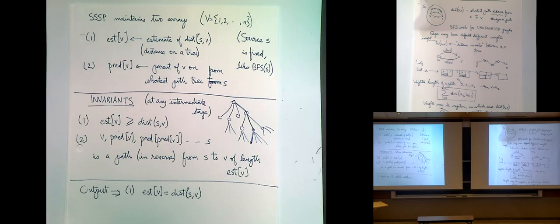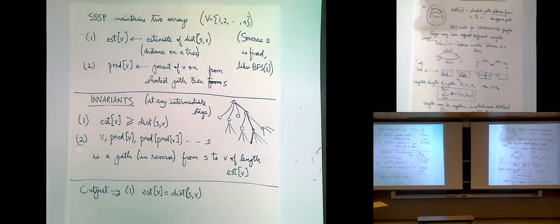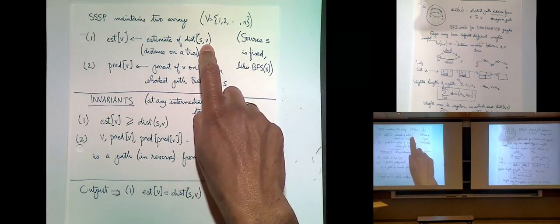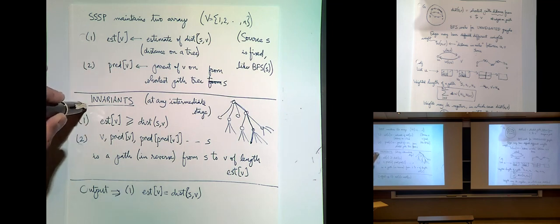It's basically like the parent in the shortest path tree. The estimate is going to maintain an estimate of the true distance, and that estimate is going to keep reducing over time. That's how these algorithms work. They successively improve on the estimate until at some point the estimates converge to the true answer. Okay? So what are the invariants that are maintained?